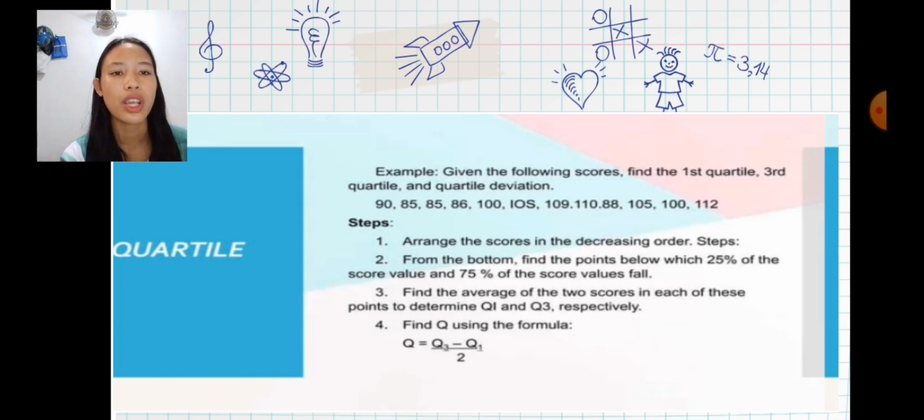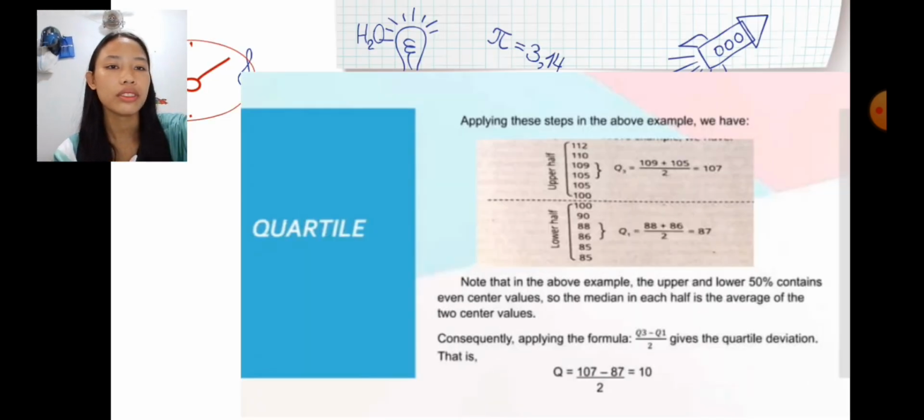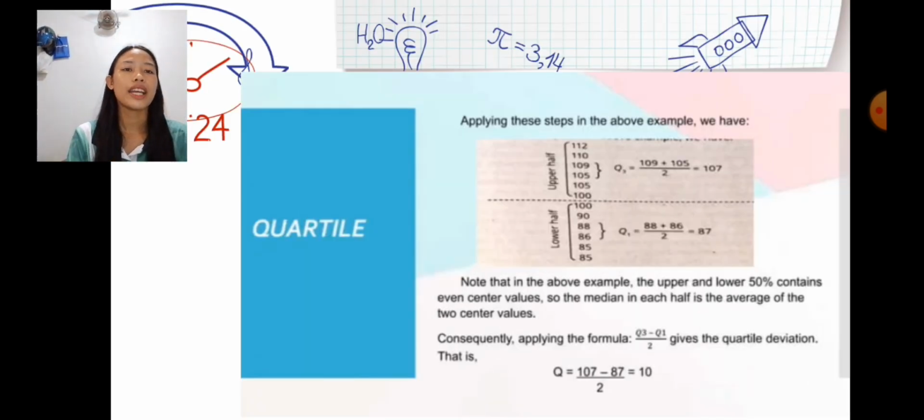And fourth, find Q, the quartile deviation, using the formula Q equals Q3 minus Q1 over 2. Applying these steps in the above example, we have the upper half and the lower half.